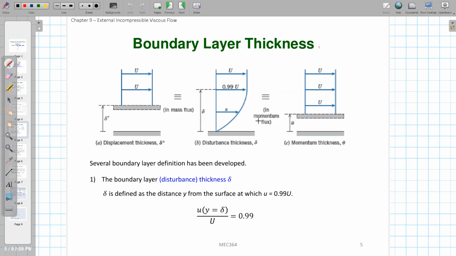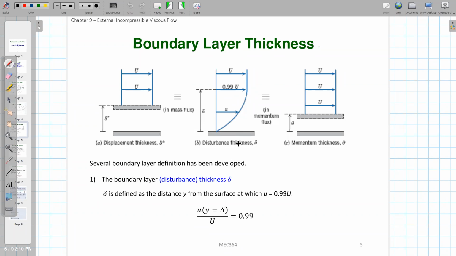We have different ways to define it, but the most popular ones are these three. The most common way we define is called the disturbance thickness, or most of the time we just call it the boundary layer thickness delta directly. It is defined based on the velocity profile, because we have already seen that we only have the velocity gradient inside the boundary layer. Outside of the boundary layer, the velocity becomes this big U already.